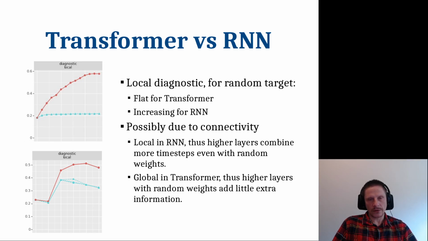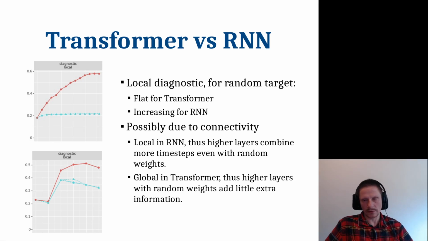In the transformer, the connectivity is global, meaning that already in the first layer after the input, all the time steps are accessible. So with random weights, higher layers do not add much on top of that. So that's one possible reason for this pattern that we see here.